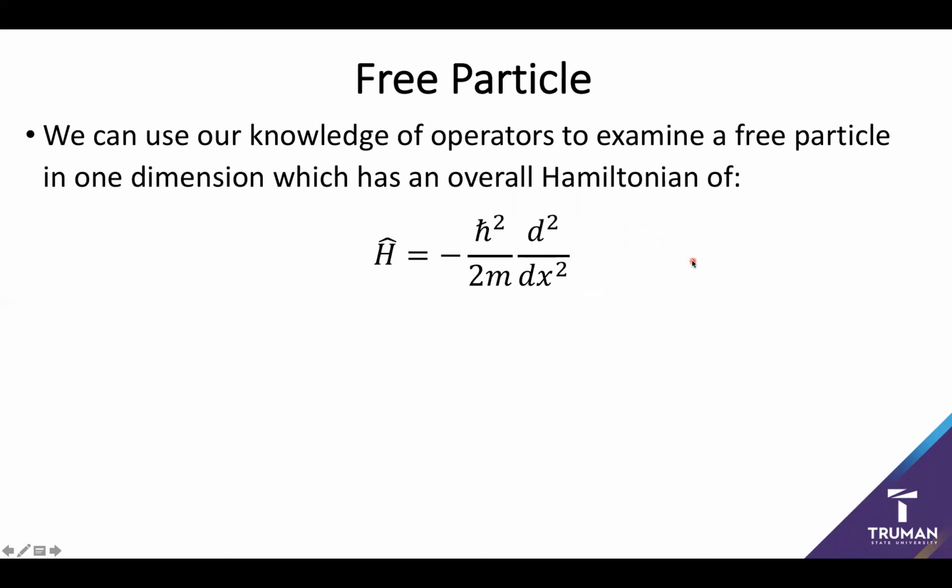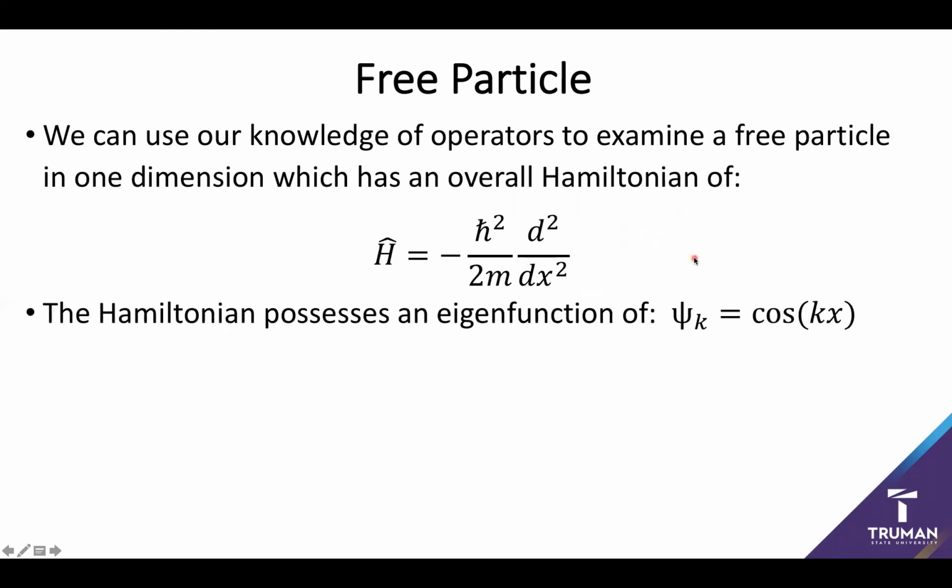We've already demonstrated one potential eigenfunction for this Hamiltonian, and that's cosine kx. It is worth noting that, yes, this is an unnormalized wave function. When dealing with a free particle, pretty much all of our wave functions will be unnormalized, which hopefully makes sense, because otherwise the normalization constant would be 1 over infinity, since we're spread out over infinity when dealing with a free particle.